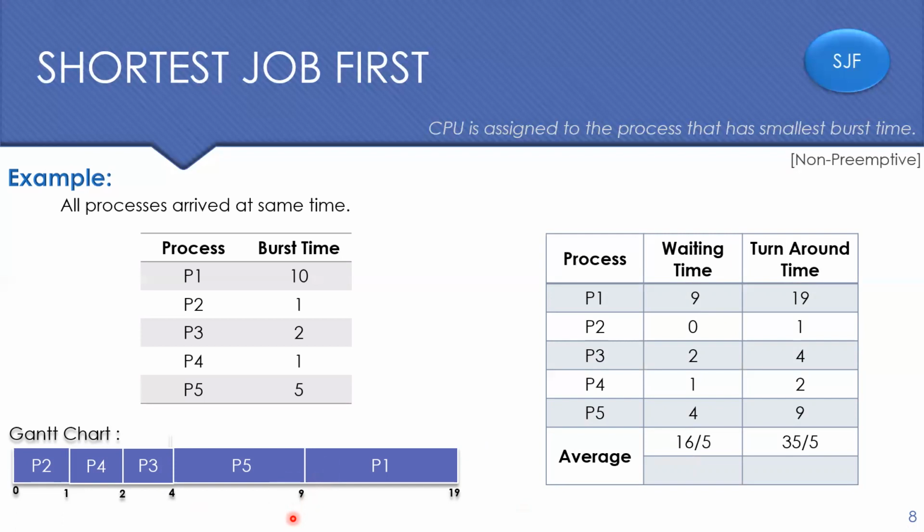Similarly, process P2 completed its execution at 1 millisecond and waited for 0 milliseconds. Correspondingly, processes P4 and P5 have turnaround and waiting times of 1, 2, 4, 9 respectively. By this, we can calculate the average waiting time as 3.2 milliseconds and the average turnaround time as 7 milliseconds.